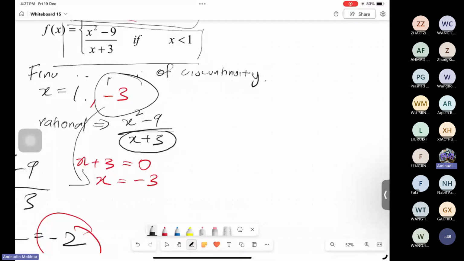The first step is to find f(-3). Check whether the function is defined, whether the value of y exists or not.